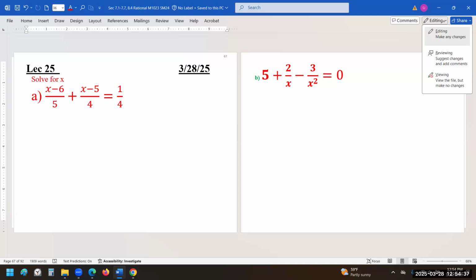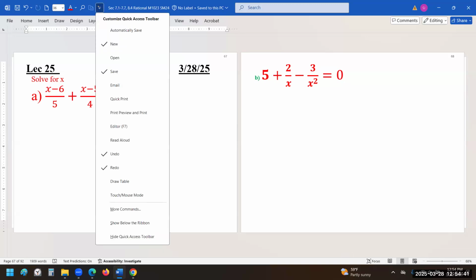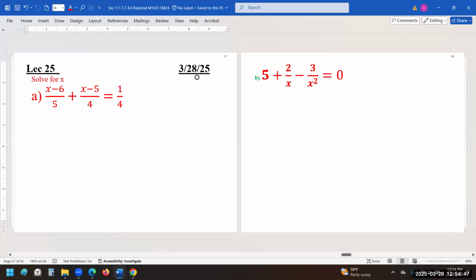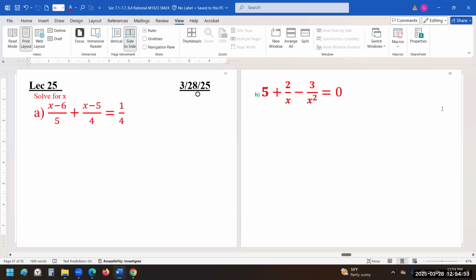No. How did I change it yesterday? I forgot. Not this view. Okay.